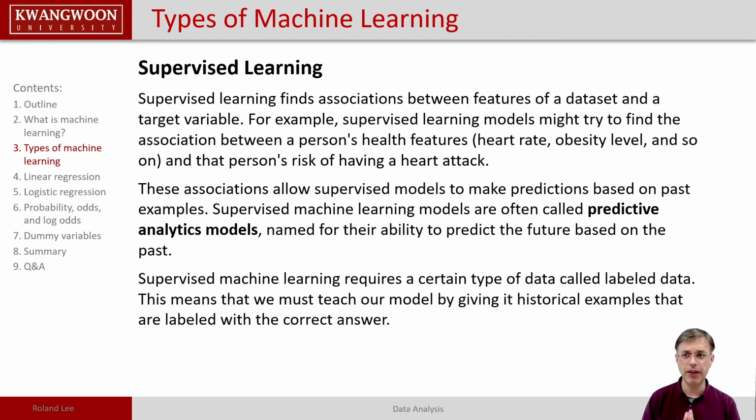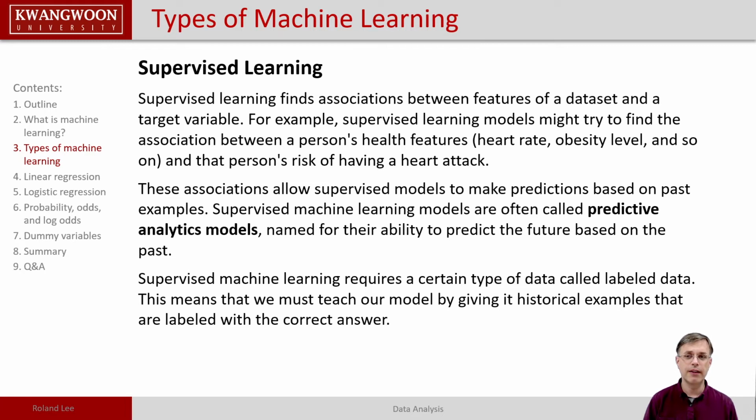Now, supervised machine learning also requires a certain type of data called labeled data. This means we must teach our models by giving them historical examples that are labeled with the correct answers.